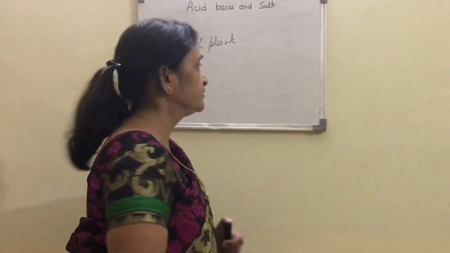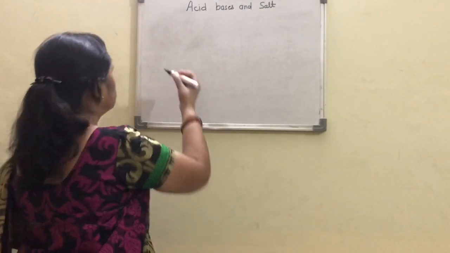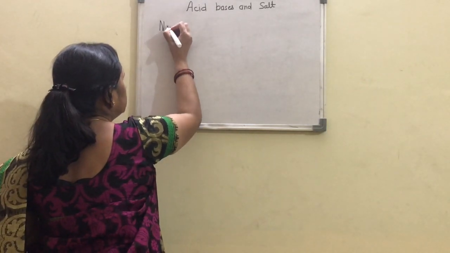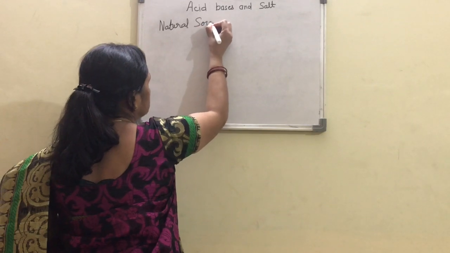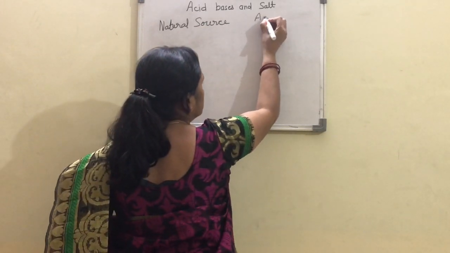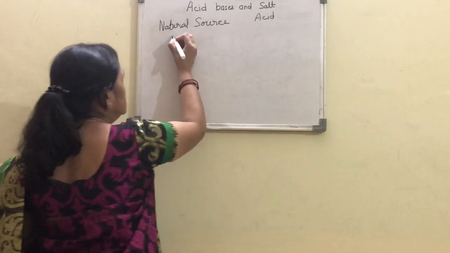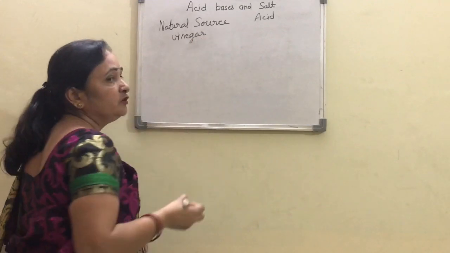So let's see. These examples we can write like, on one side we will write the natural source, and the acid present in it. So suppose someone asks you which acid is present in vinegar. What will you say?